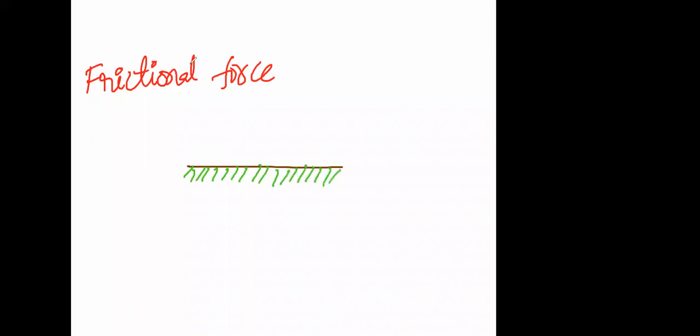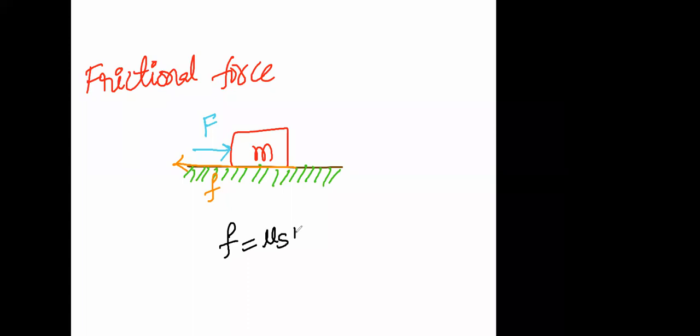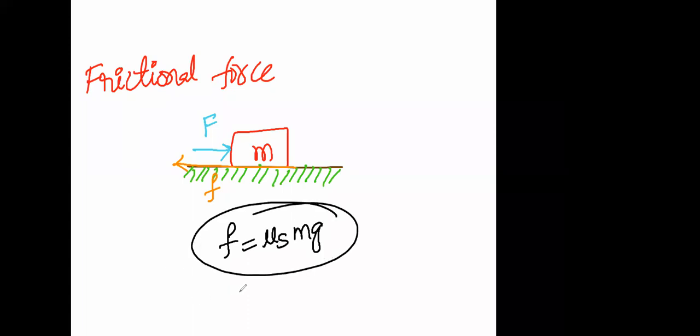If a force F is applied on this block, the applied force is F, and an opposing force will be there in the opposite direction. That opposing force is called the frictional force. Then frictional force F is equal to mu s into mg.